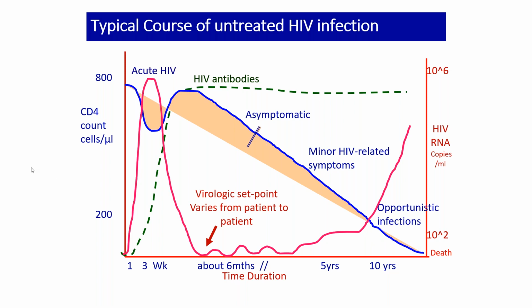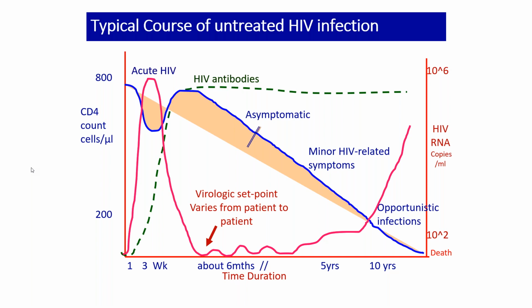These opportunistic infections are very serious infections. Many of them are life-threatening, and untreated, they can cause death. There is a wide myriad of opportunistic infections that can happen in these patients, and that is exactly going to be the topic of our discussion: how do these patients present?